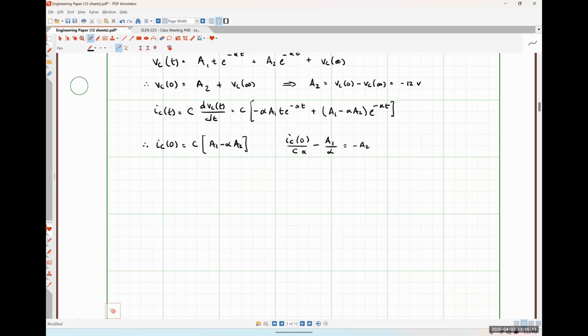Did I algebra that correctly? I divided both sides by C. Then I moved A1 over to the left-hand side of the equal sign. And then I moved that factor of alpha over as well. And then I would probably get rid of that minus sign by doing minus plus like so.